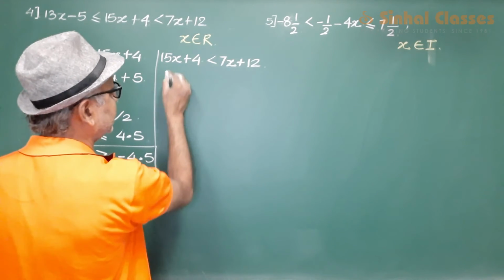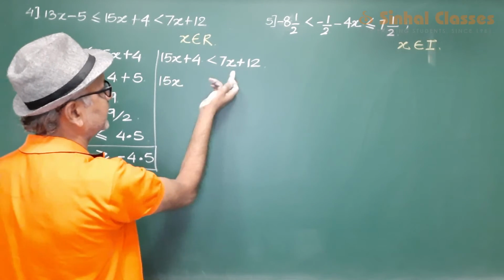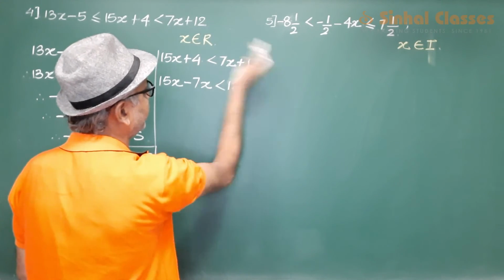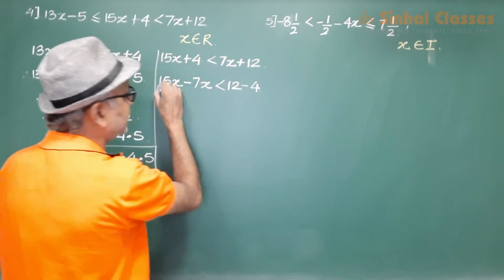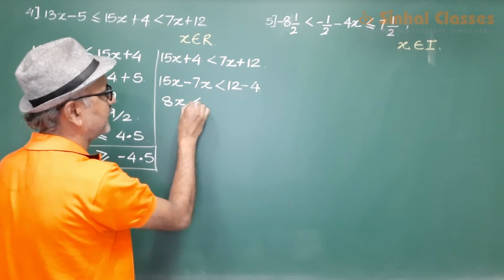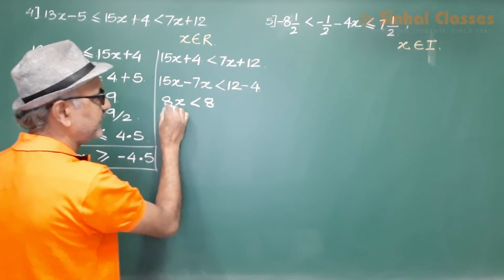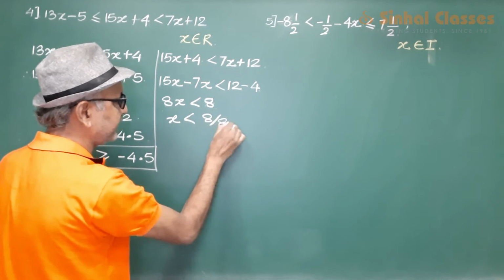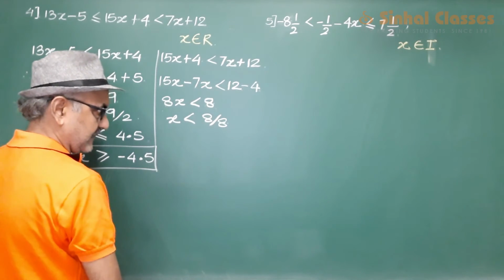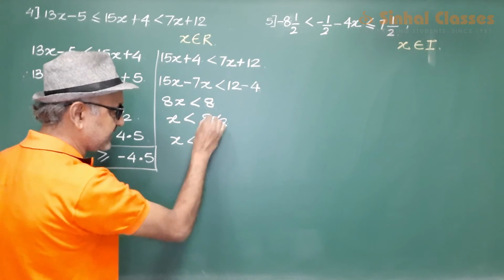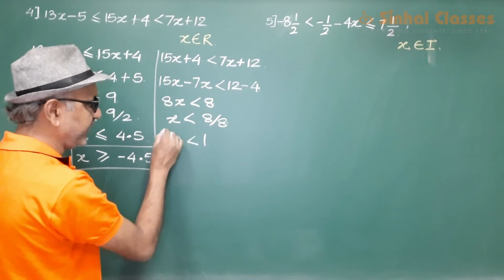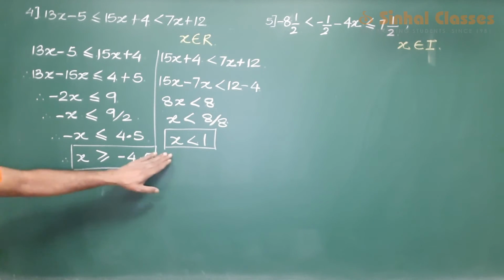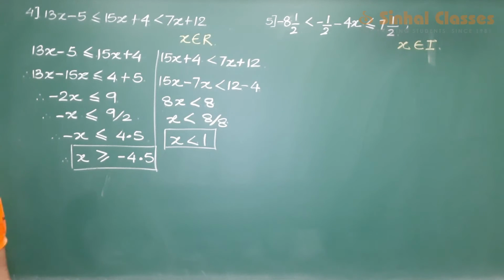Now for the next result, 15x, shift 7x on this side, 4 on the other side, 8x, 8, x less than 8 upon 8. Since x is less than 1, now x is already positive, so you need not worry about this. Now this is your result, x less than 1 but greater than minus 4.5.